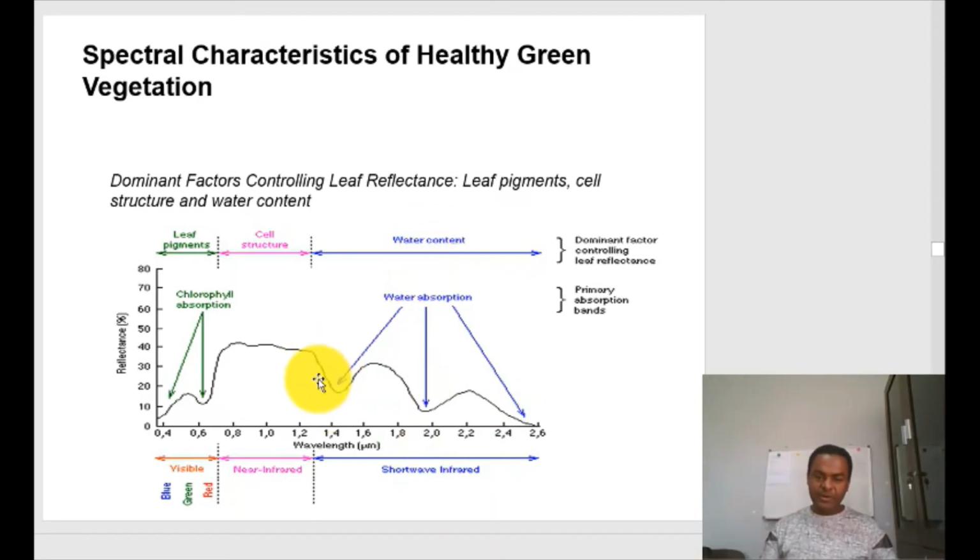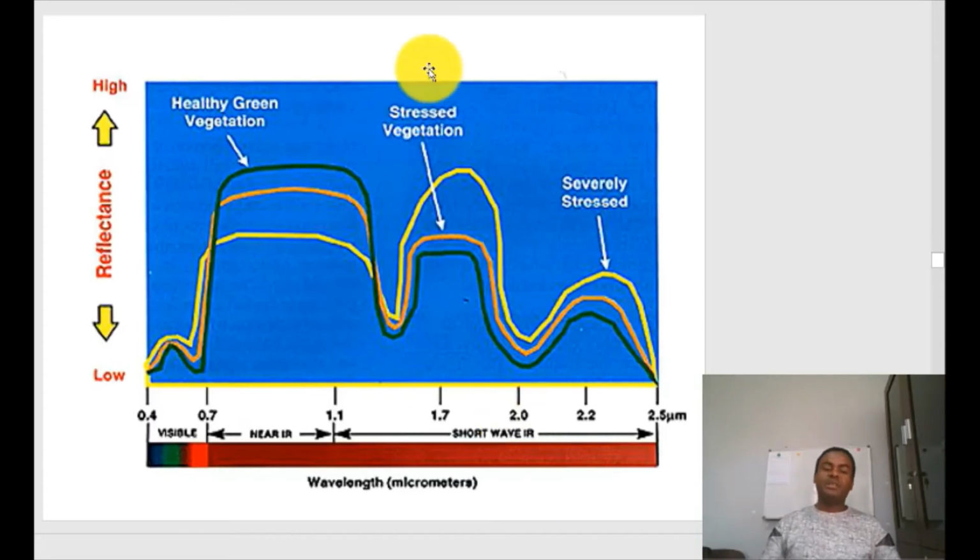Okay, if the leaf is dried, the impact of drought on the leaf will be visible in the shortwave infrared portion of the spectrum. If the leaf is dry, you will see a higher reflected signal. If the leaf has too much water content, you will see a lower reflected signal. Okay, this is very important in identification of stressed vegetation versus healthy vegetation.